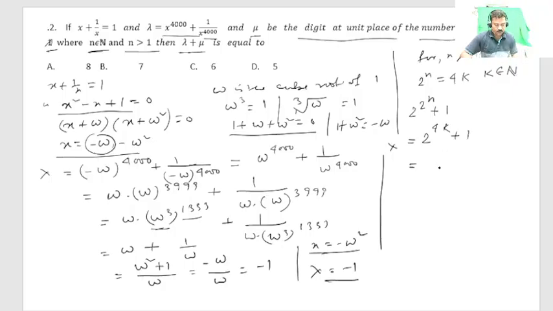Here 2 to the power 4k is nothing but 16 whole to the power k, plus 1. Okay, mu equals the last digit, the unit place.